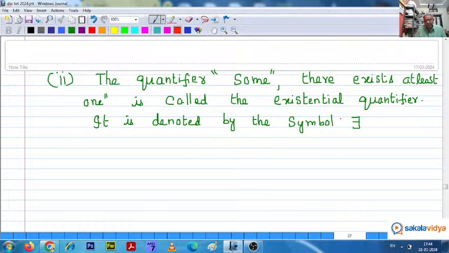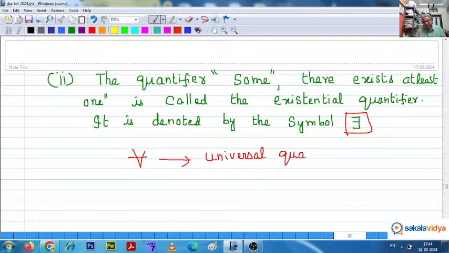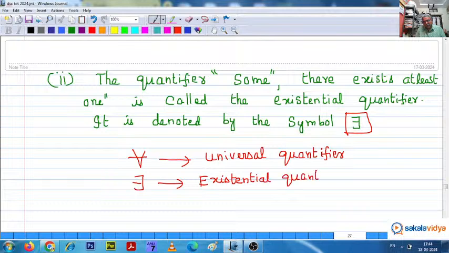So remember this symbol is for the universal quantifier, and this symbol is for the existential quantifier. Please all of you note down in your notes, because you need to prepare your own notes.